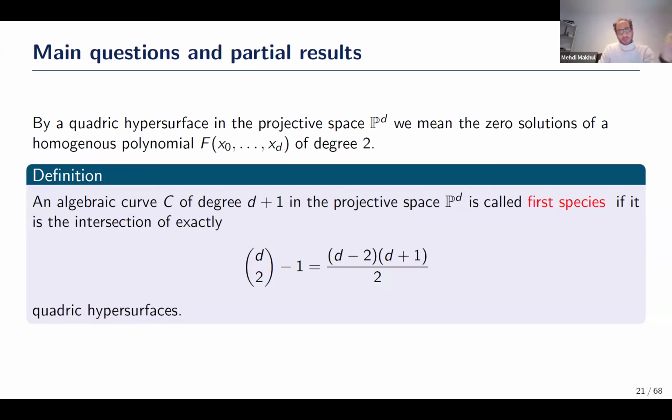First of all, recall that by a quadric hypersurface in projective space, I mean the zero solution of a homogeneous polynomial of degree 2 in d+1 variables. And an algebraic curve C of degree d+1 in projective space P^d is called first species if it is the intersection of exactly d choose 2 minus 1 quadric hypersurfaces.